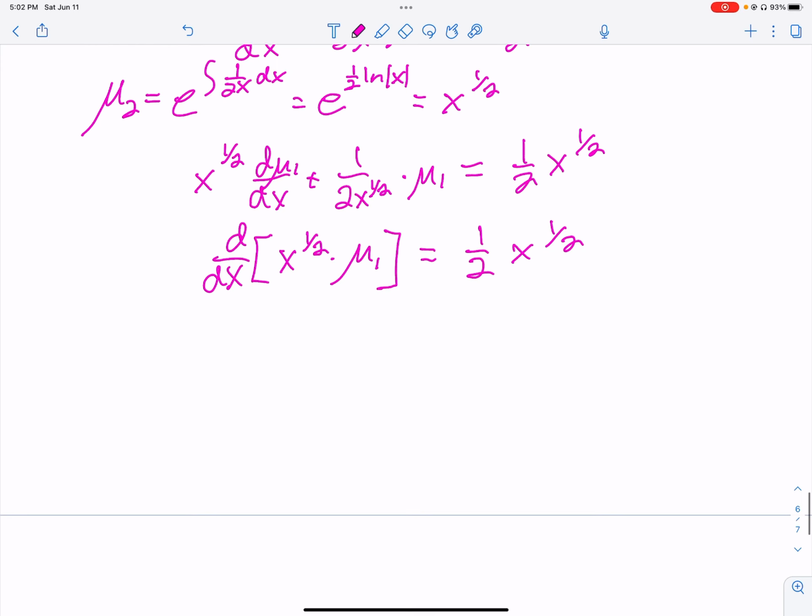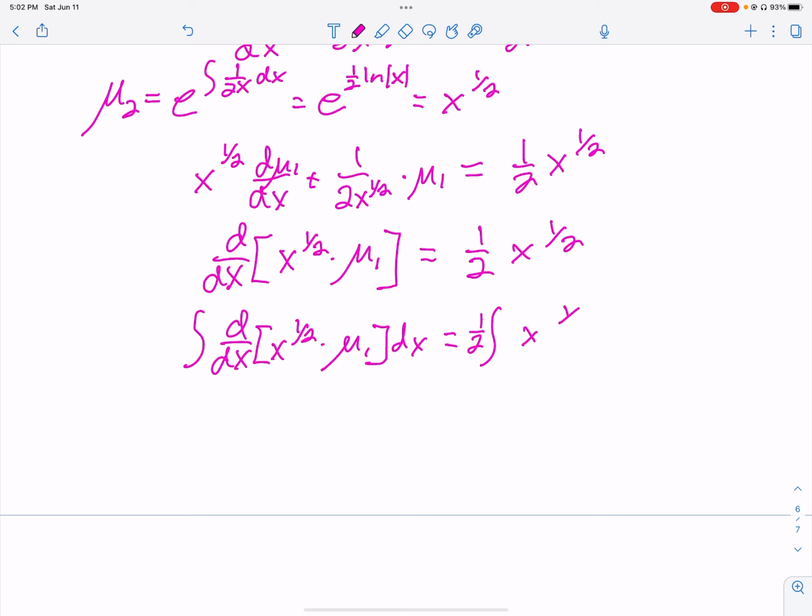Now, I integrate on both sides. Don't forget your dx's. Throw my 1/2 out here, x to the 1/2 dx. All right, so the left-hand side just comes out. That's why we do this whole method. It's nice and pretty.